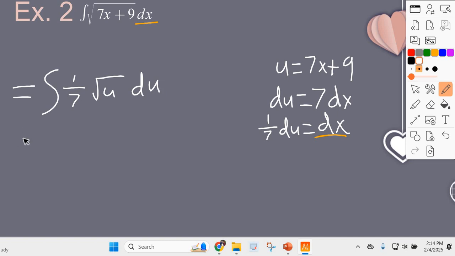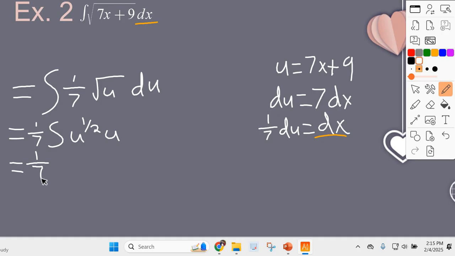How might we rewrite that to help us take the antiderivative? I would agree. So if we add 1 to 1/2, what do we get? As an improper fraction, 3/2.